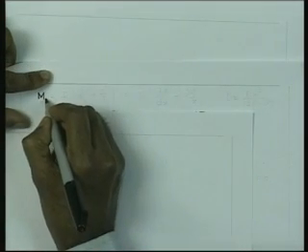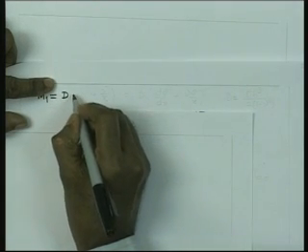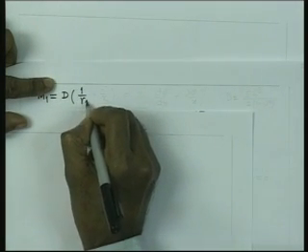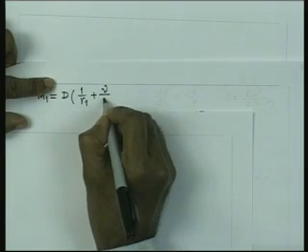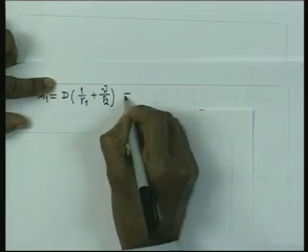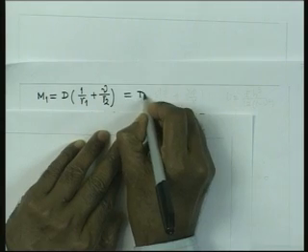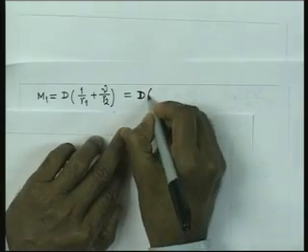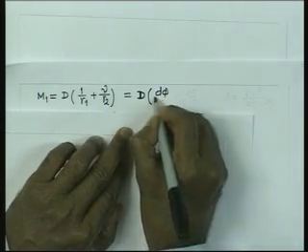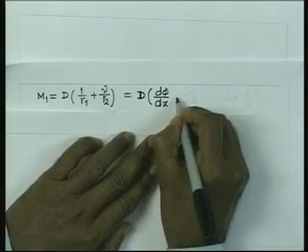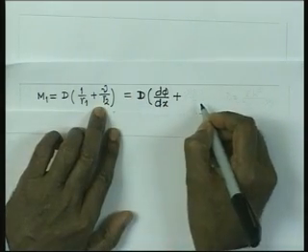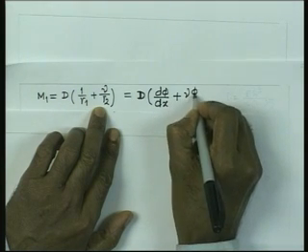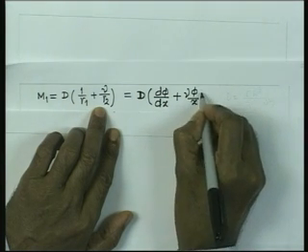So, now let us write m1 is equal to D times 1 by r1 plus nu by r2, which is nothing but, since 1 by r1 is d phi dx and 1 by r2 is phi by x, so therefore, this is d phi dx plus nu phi by x.